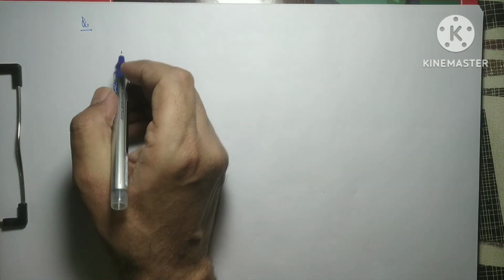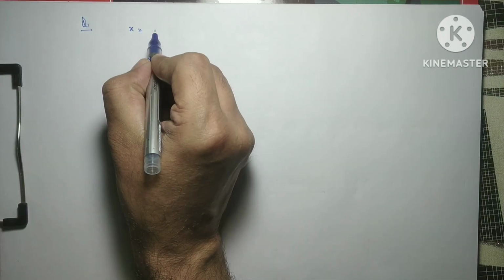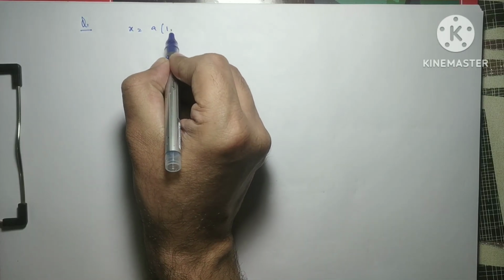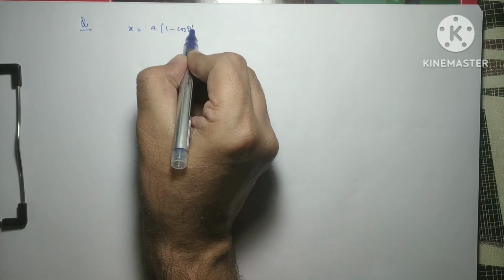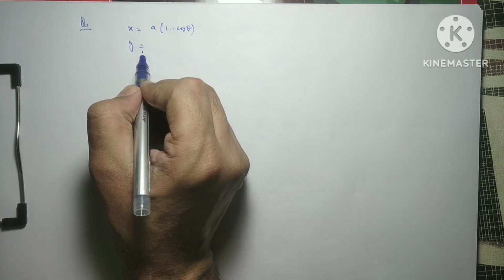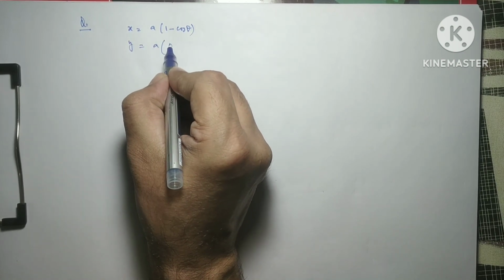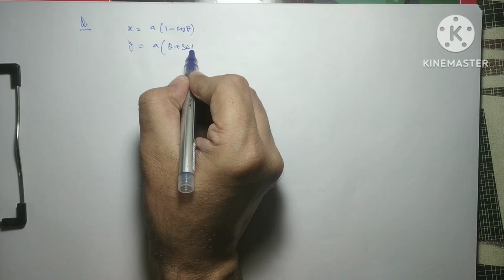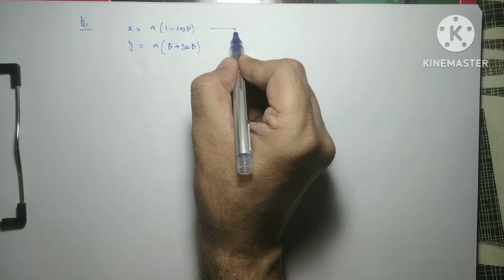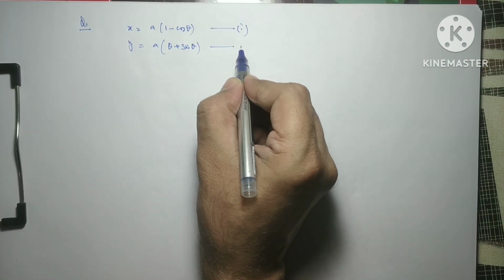Okay, x equals a(1 minus cos theta), and y equals a(theta plus sin theta). So you have equation 1 and equation 2.